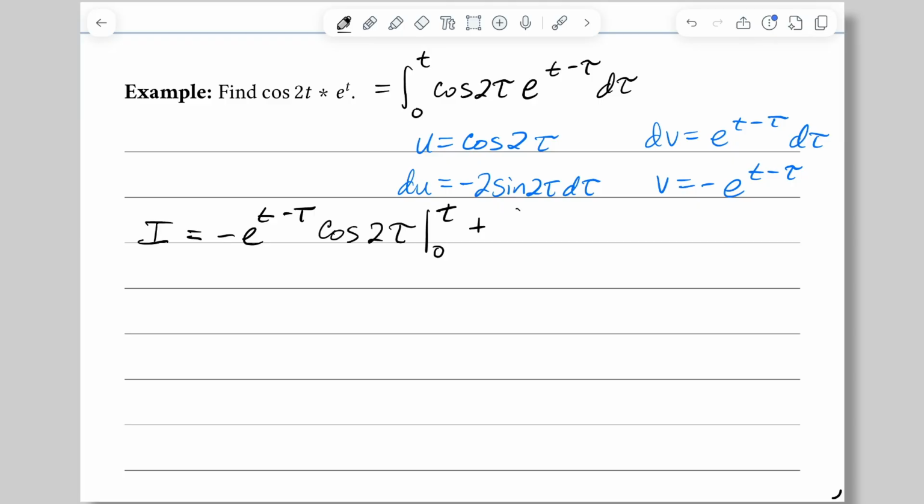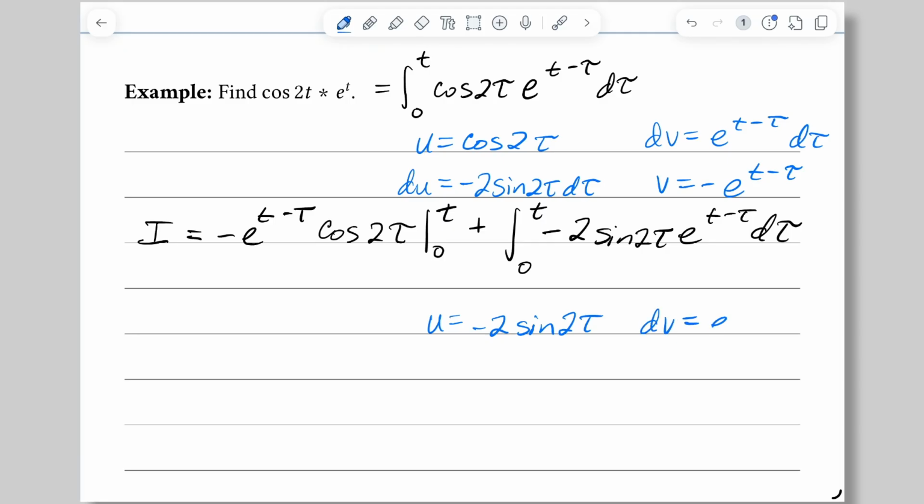And I'm going to write the next integral as plus the integral from 0 to t of negative 2 times the sine of 2 tau e to the t minus tau d tau. Another round of integration by parts using u equals negative 2 times the sine of 2 tau, and dv is e to the t minus tau d tau.